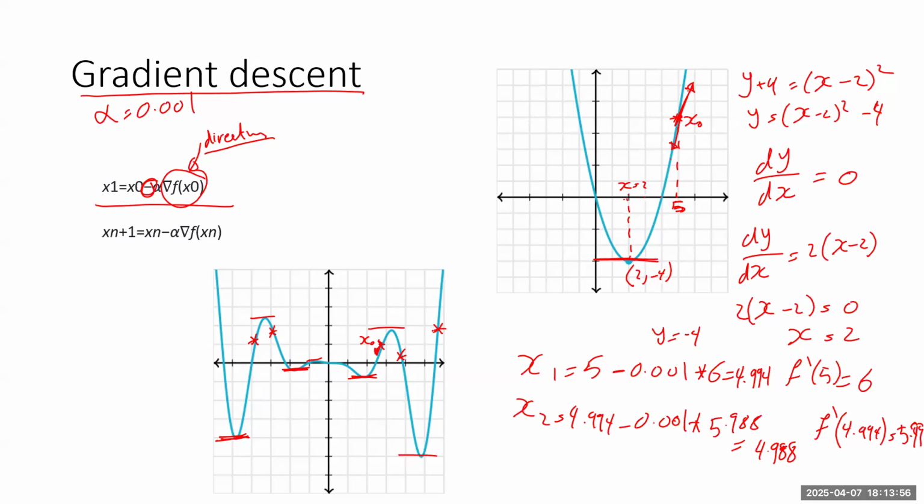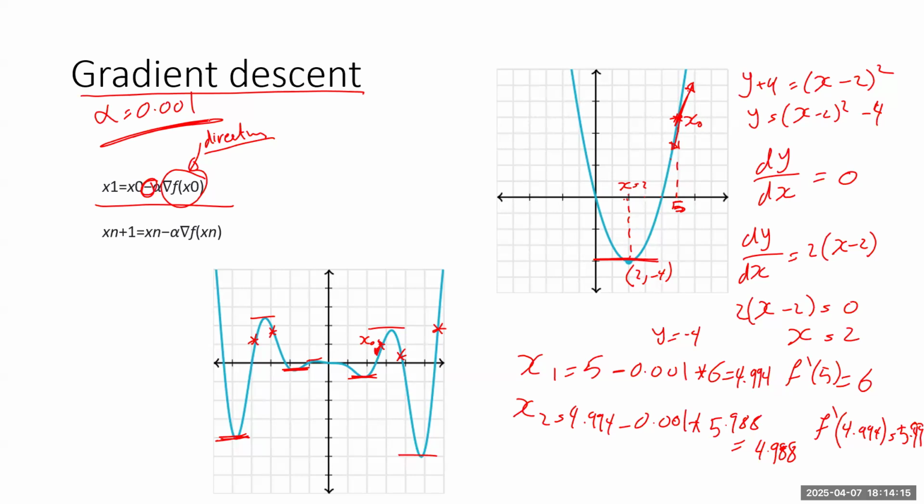Problem number one, the selection of alpha. If you choose this alpha to be 1 as an example, replace this value with 1. What will happen? 5 minus 6. The result will be what?